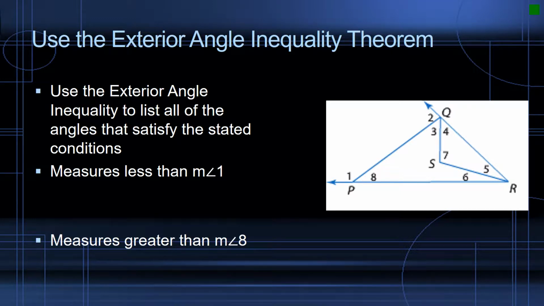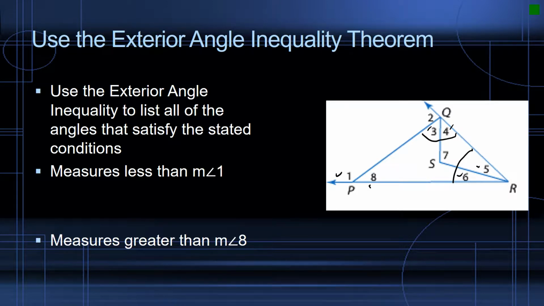So in looking at this, we could say that angle 1 is obviously an exterior angle, then angles 3 and 4, which make up this angle, and angles 5 and 6, which make up this angle, those two angles are remote angles to that exterior angle 1. And those added together would equal the angle measure of angle 1.